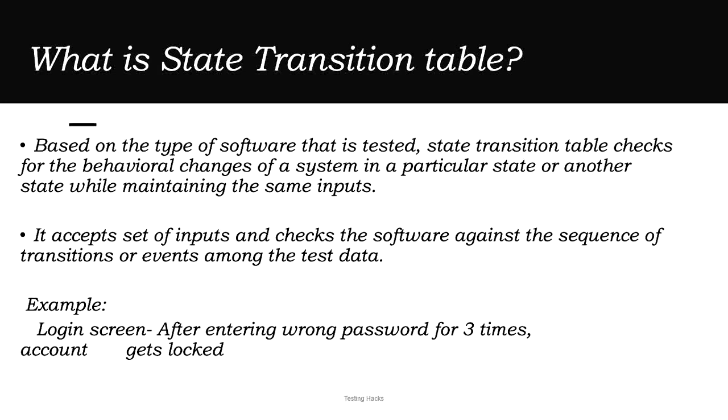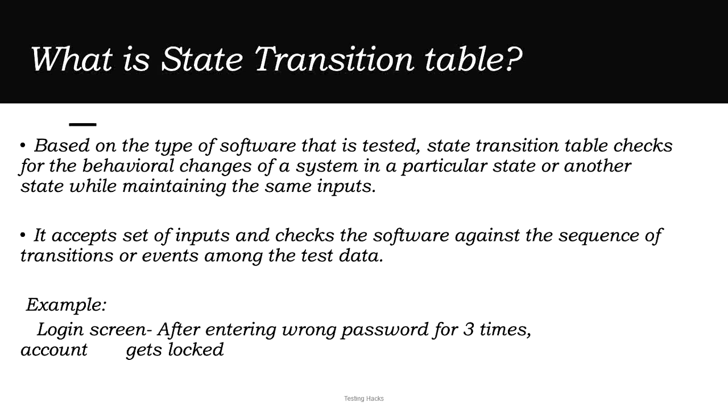Suppose we consider a login screen example, where you have entered the wrong password three times, but the username is the same. For the same user id, if you enter the wrong password more than three times, as in the real-time Facebook application itself, the account will get locked out.